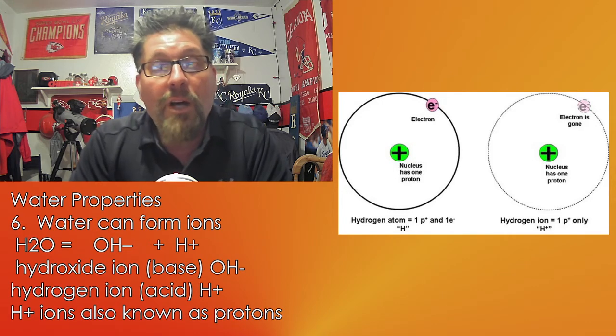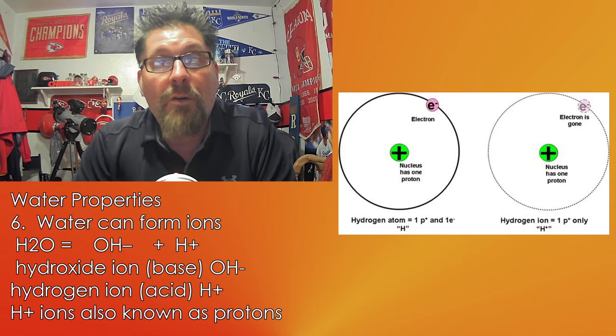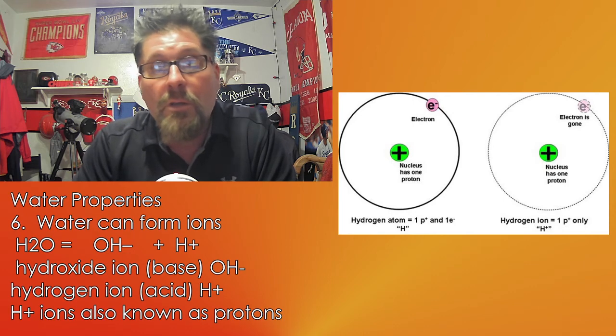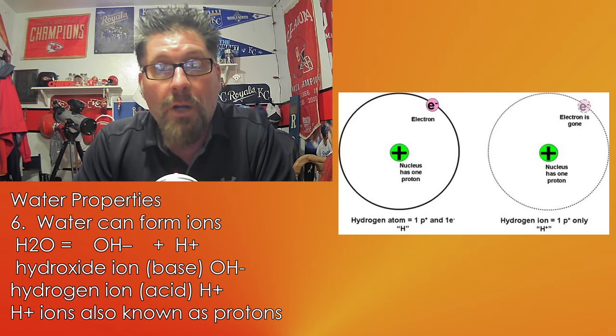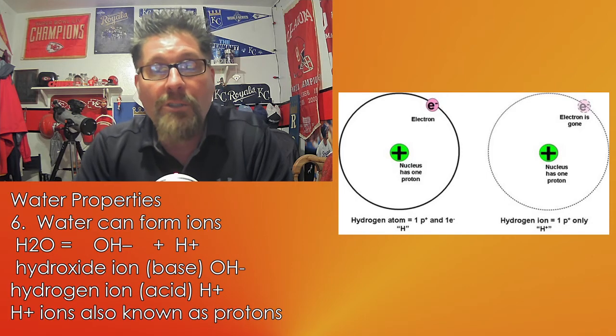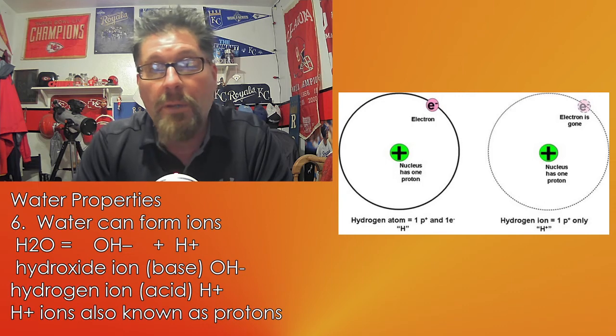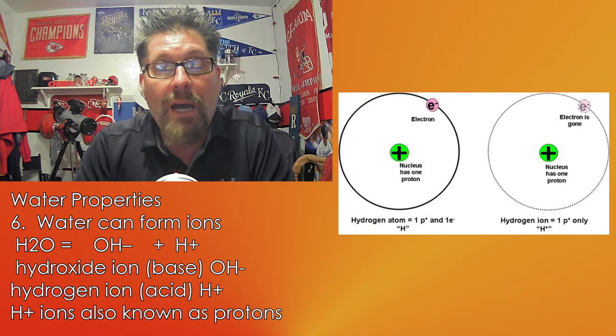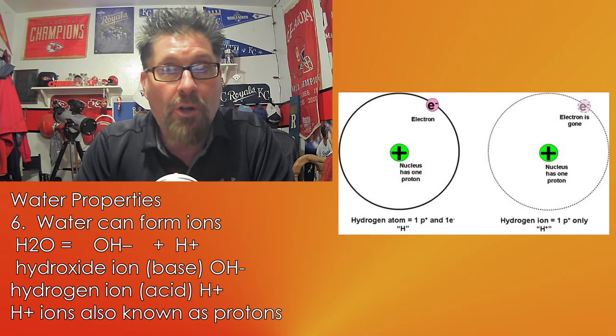Okay, and when it does that, it generates other molecules. It generates an OH molecule, and that leaves the H also by its side. And when that separates, the oxygen still has the one hydrogen's electron, and therefore you have a hydrogen without an electron.